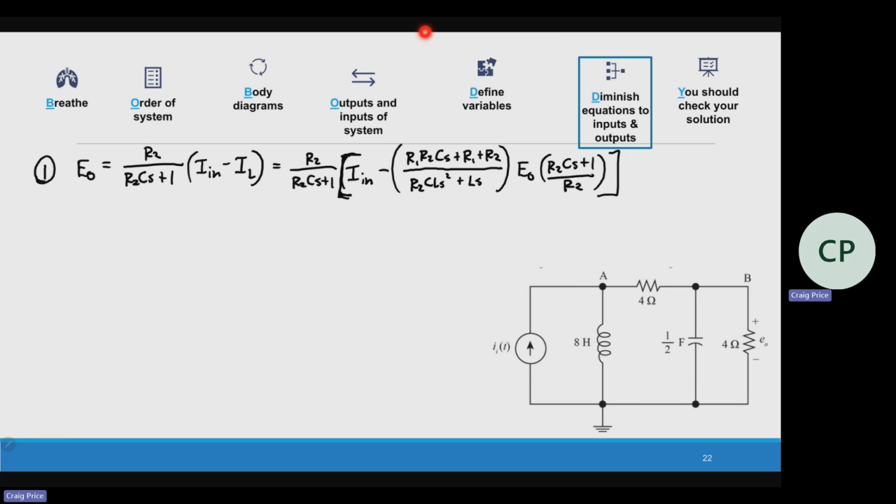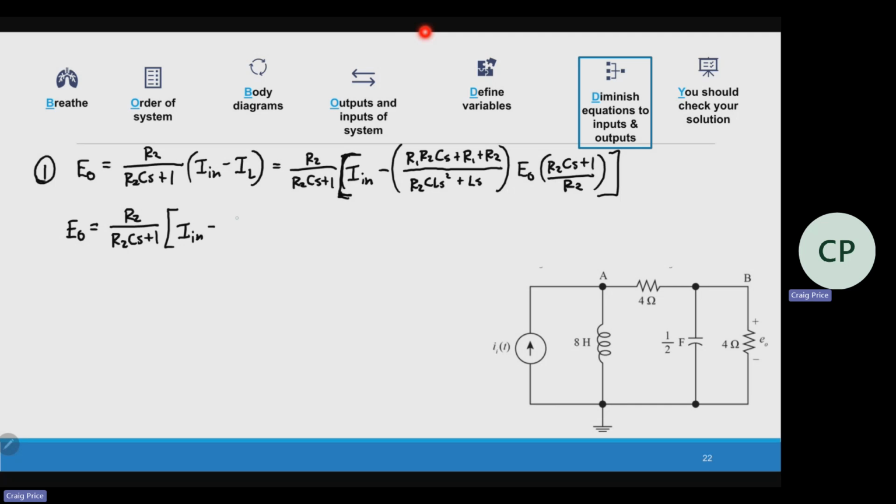So, for example, this is going to have some cancellation here. Let's just go for it. E out equals, I'm just going to keep this as is. We have IN.